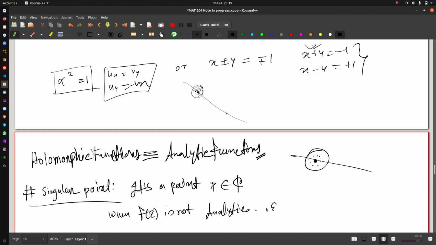For example, 1 upon z square can be a function which is not analytic at z is equals to 0, and this 0 is a singular point for this function.